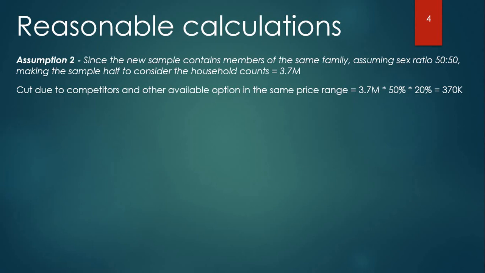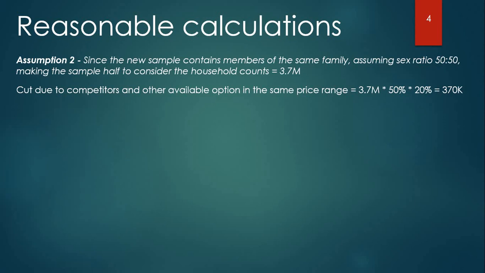And after that I'm considering a cut due to the competitors and other available options in the same price range. So if you consider Swift car, there are other cars available in the competition, like there is Wagon R and there is Renault Triber as well, right?